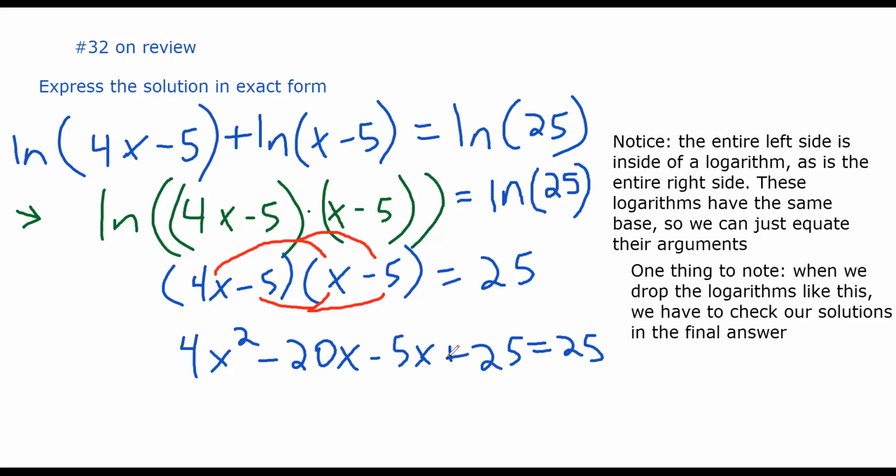Just writing out what I got here. Well, we'll combine like terms. You're going to have 4x squared minus 25x plus 25 equals 25.